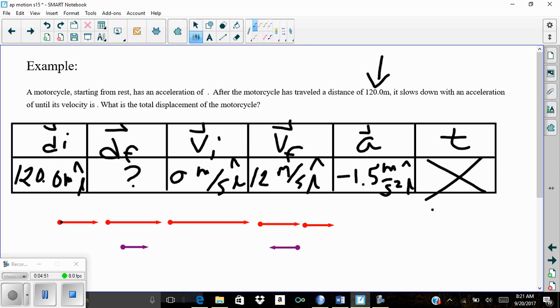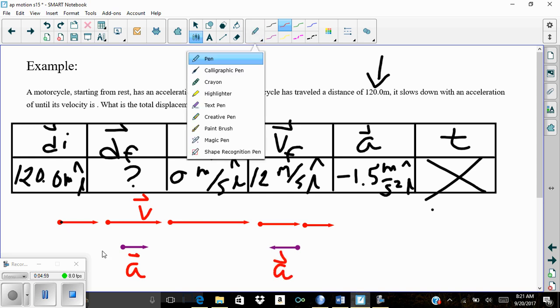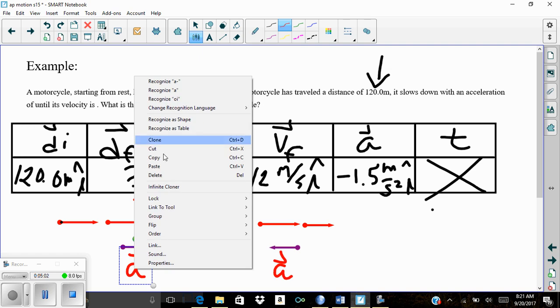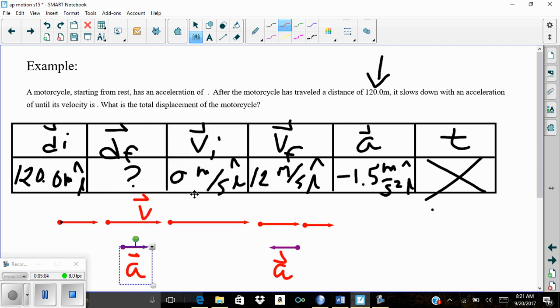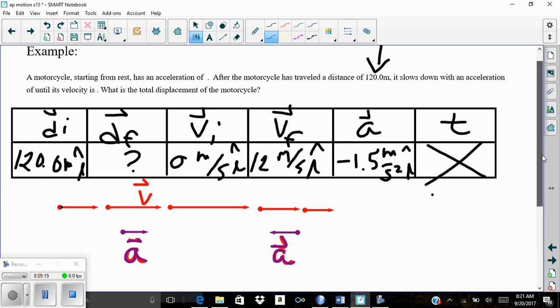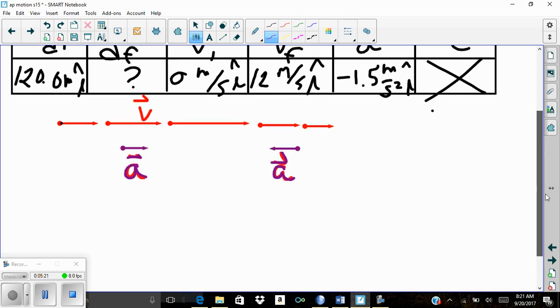Okay, let's go ahead and label these. This is velocity, this is acceleration, acceleration, and now I've got to change the color of those. Sorry, I'm just going to color over them in purple. It's just easier to have your colored pencils out when you do these.